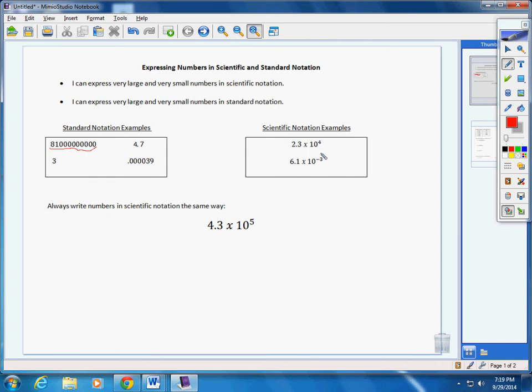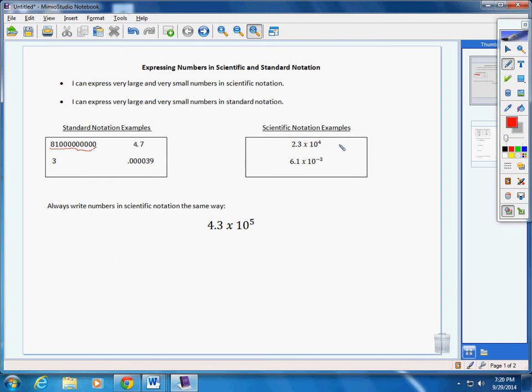Scientific notation is this form of writing a number that a lot of scientists use, and they use it to write very, very large numbers or very, very small numbers in a more condensed way. So 2.3 times 10 to the fourth, although it's not that big, is just a basic example.